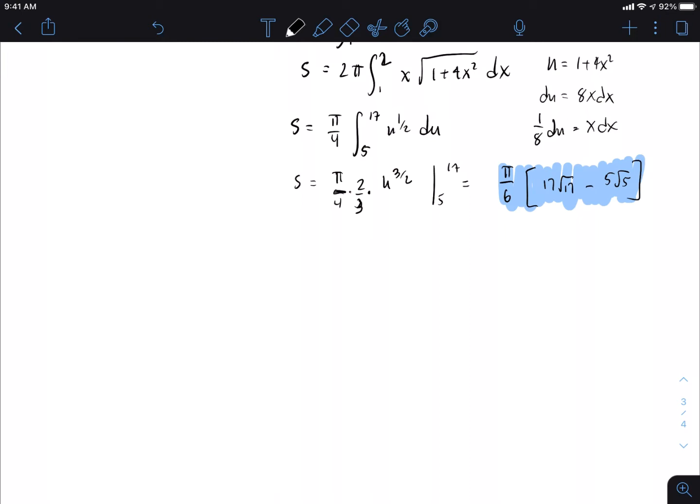So my setup is s is equal to the integral of 2 pi x ds. But what I'm going to say is s is from, the bounds were what? From 1 to 4, correct? Of 2 pi x root of 1 plus, now it's going to be dx dy squared, dy.